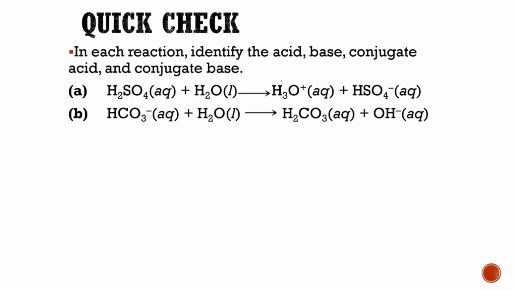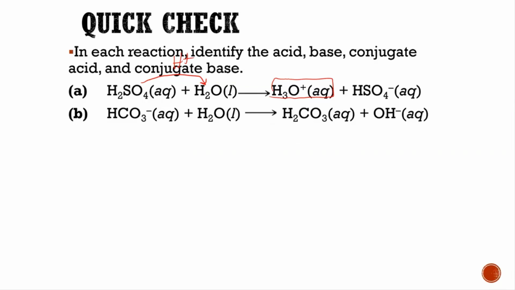The base. Why? Well, this is adding an H plus to water. How do I know that? Well, H2O went to H3O plus, so it must have gained an H plus. So it accepted a proton. So that must be my base.